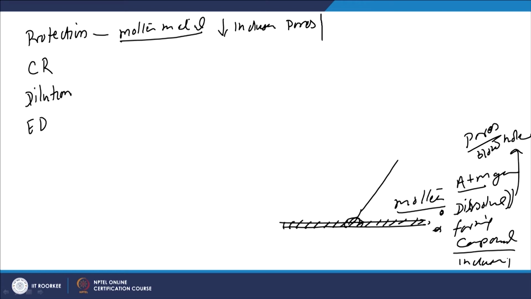Protection in the case of gas welding is very poor, because we primarily use fluxes which interact with the impurities and help to clean them. Basically, the fluxes are used to remove the impurities and the compounds which are formed.